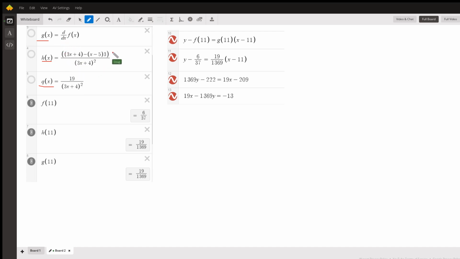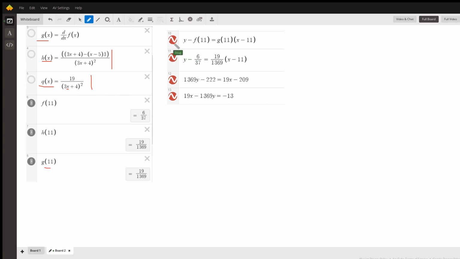Here I wrote what was on the previous board, and here's the simplified version. If I find g of 11, I get 19 over 1369. And that 1369, by the way, is divisible by 37. It's 37 squared, actually. If you put 11 there, 33 plus 4 is 37.